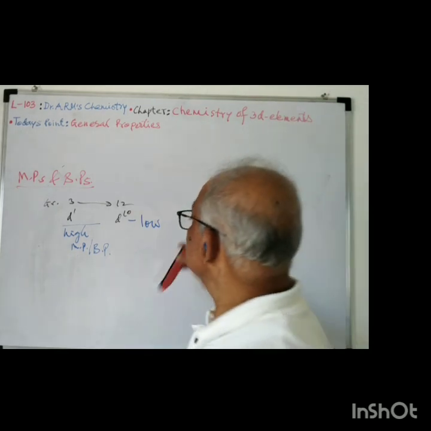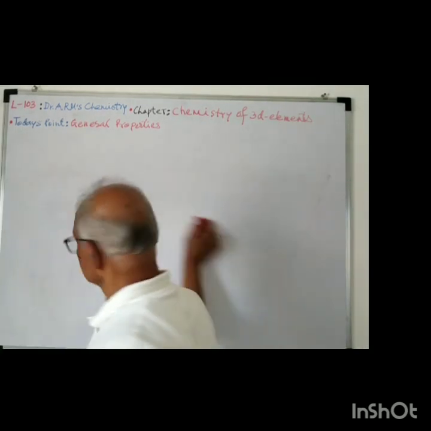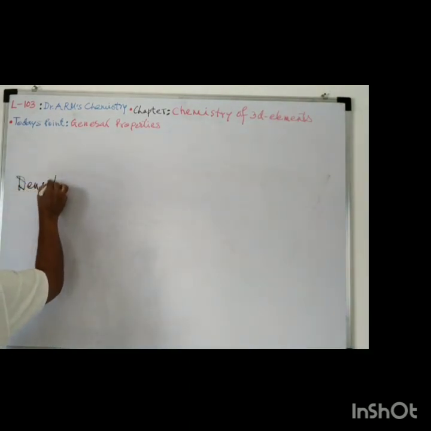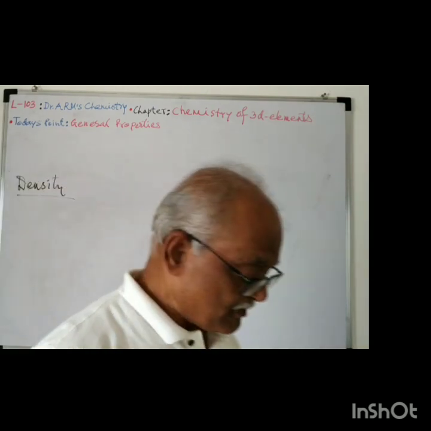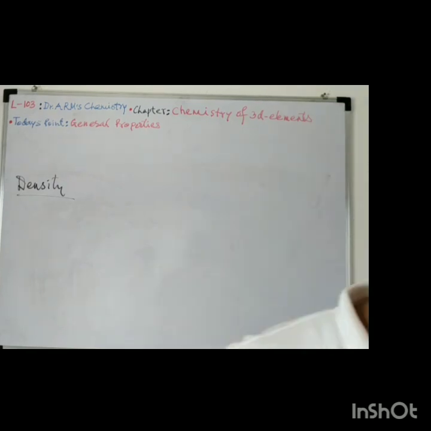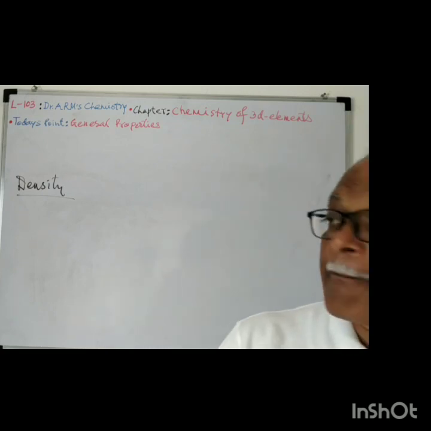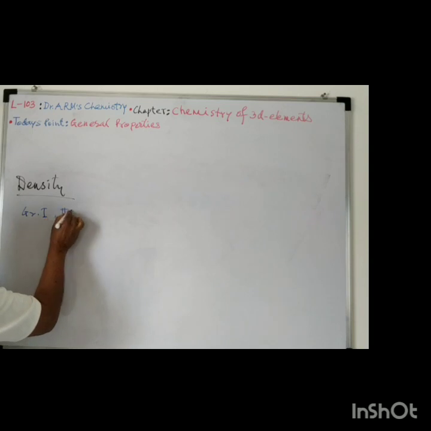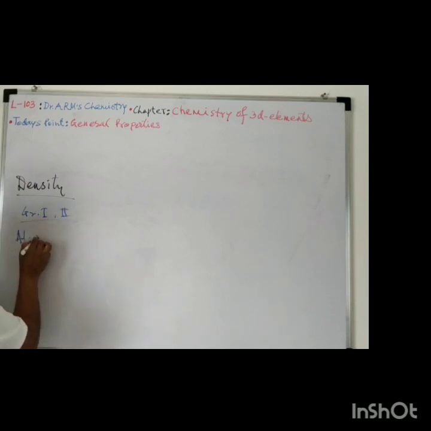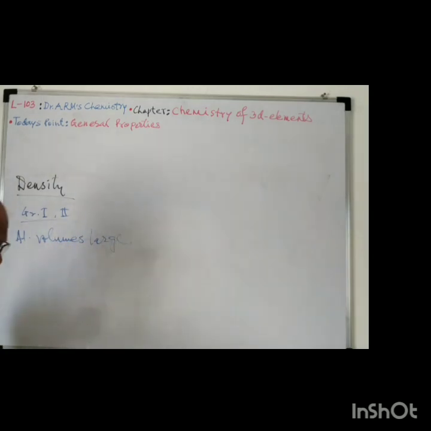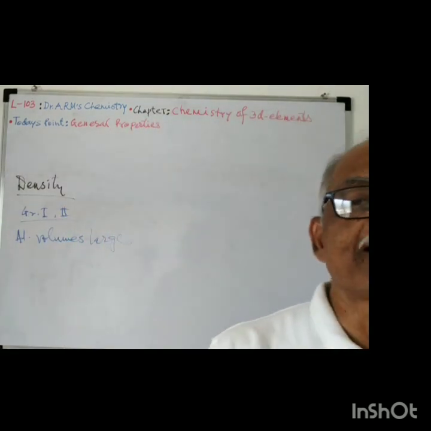Then next point is density. So for group 1 and 2, that is the atomic volumes of S block elements, the atomic volumes are large, and that is why their densities are very low.